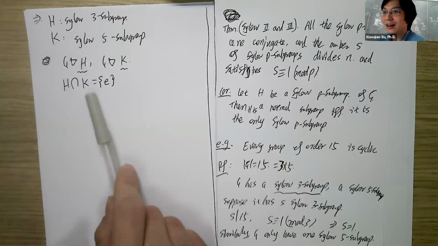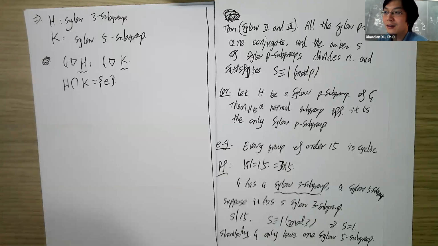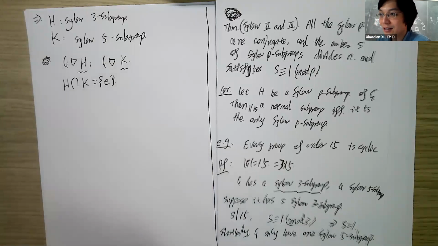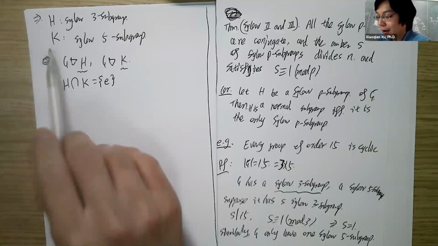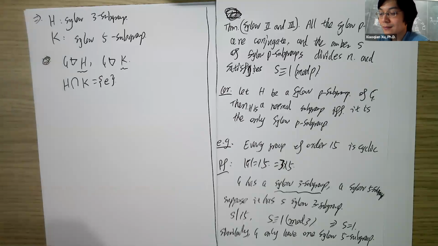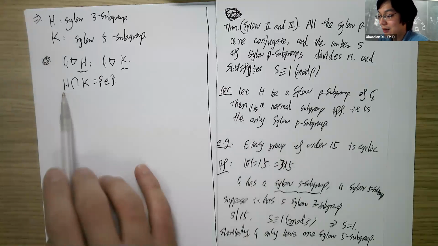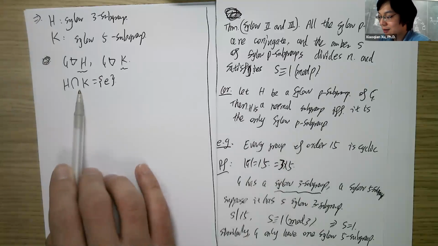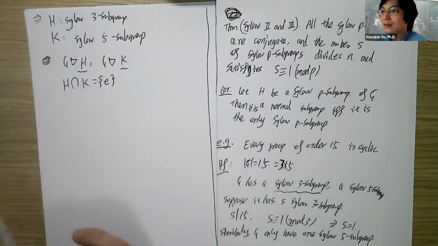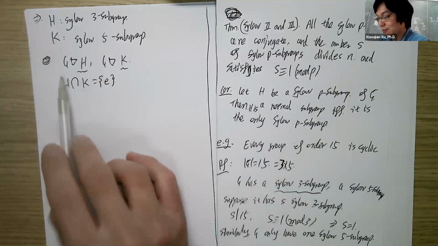And the element in K, other than E, must have order 5, right? So that means the intersection must be the identity. Or you can also say this intersection is both a subgroup of K and a subgroup of H. Then it must divide 5 and 3, so this must only have one element.